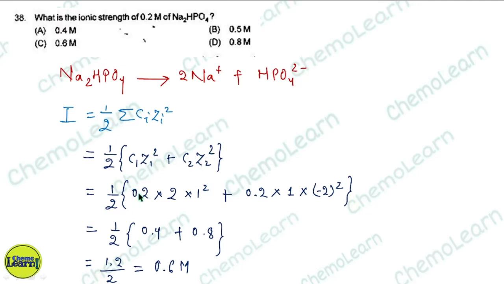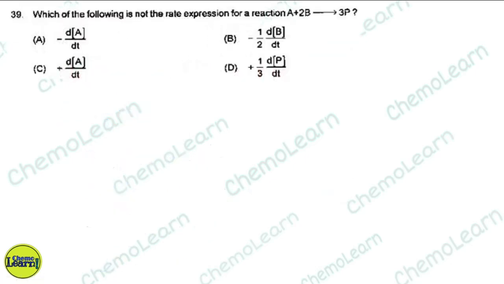Concentration is 0.2 into, we have two Na plus, so 2 into 1 square, plus 0.2 into, we have 1 HPO4 2 minus, and the charge is minus 2, that is why minus 2 square. So it will be half into 0.4 plus 0.8, 1 by 2 into 1.2, equal to 0.6. Option C is the right answer.